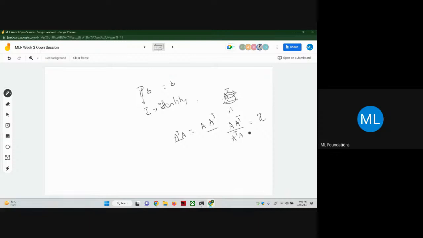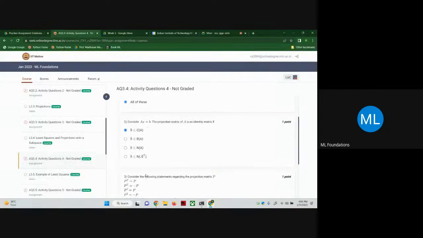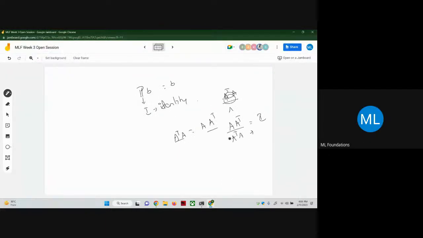Actually, we cannot exactly do this. First thing is this is a matrix, right? This is for a single vector a. So here it is A transpose by A transpose A, and this A transpose will be a matrix, while this is a scalar.